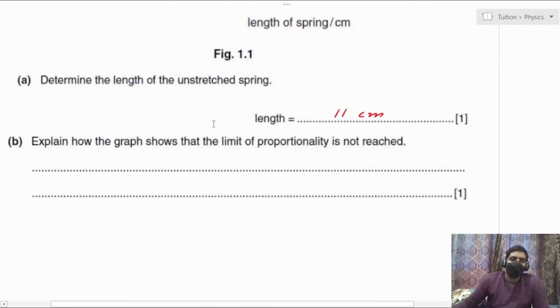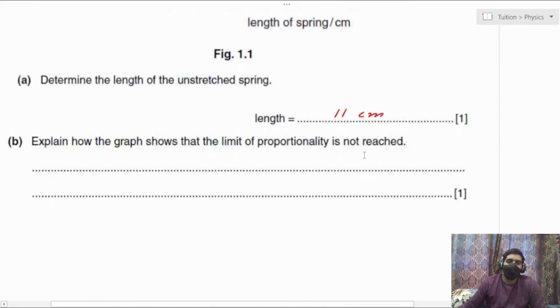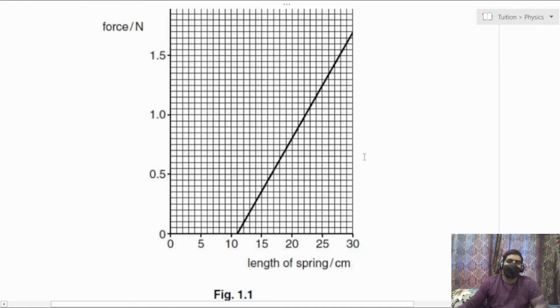All right, then we have part B: explain how the graph shows that the limit of proportionality is not reached. Obviously, had it reached the limit of proportionality, the graph would be bent either towards the x-axis or y-axis, and in that case it would have been bent towards the x-axis, because every time the spring reaches the limit of proportionality it bends towards the extension axis, or the axis where the length is given, not towards the force axis.